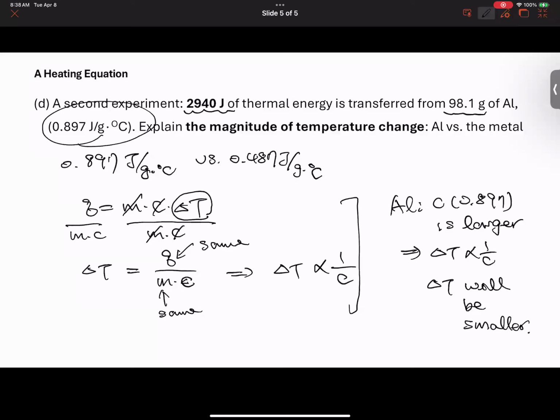When you look at the literature, you find that aluminum has 0.897 joules per gram Celsius of specific heat. Based upon this, can we determine the relative temperature change as long as the amount of heat transfer and the mass of the material are the same? This is asking us quantitatively and qualitatively about this heat equation.